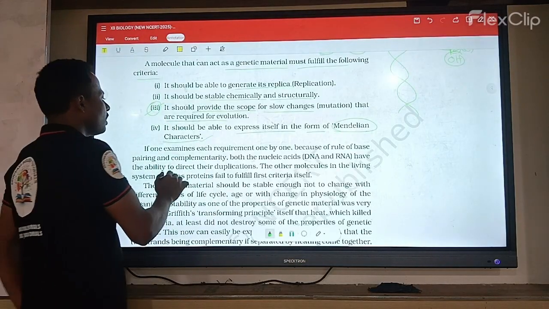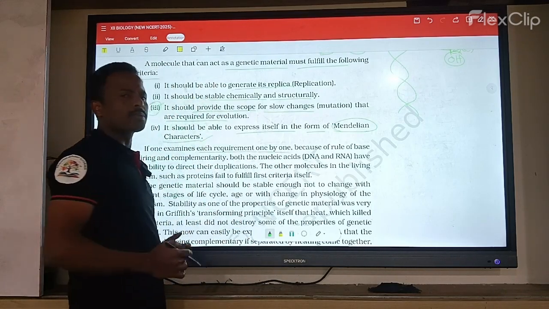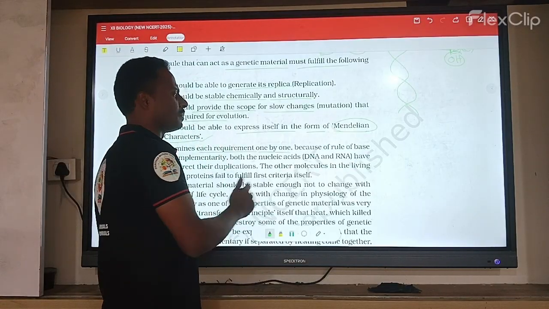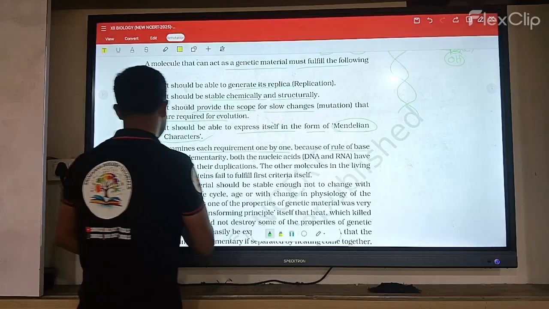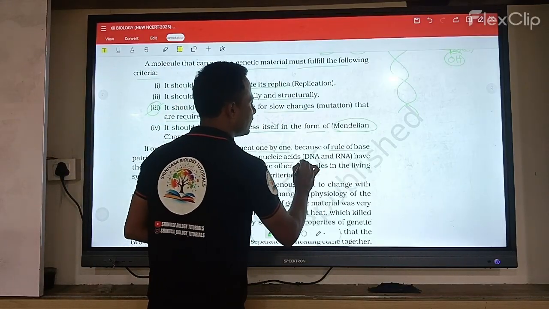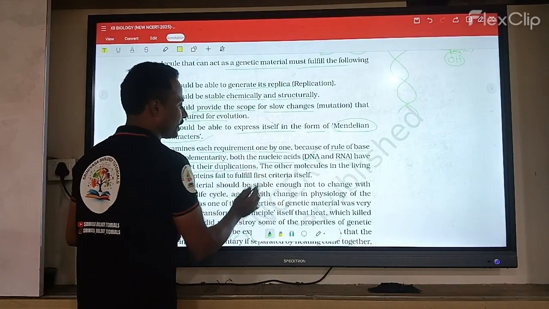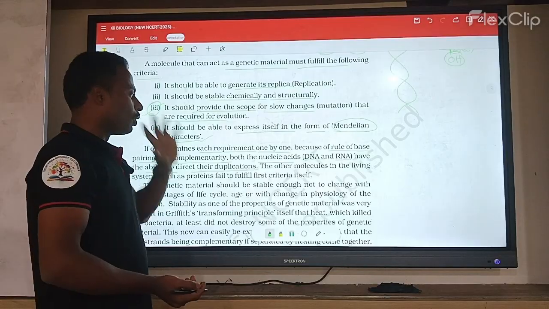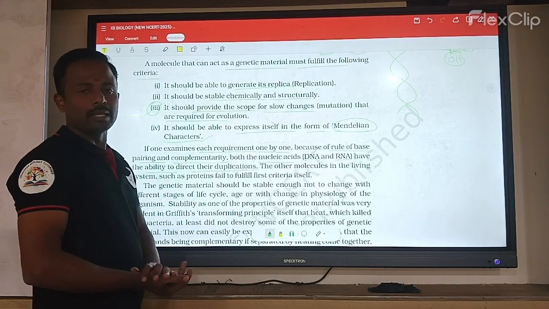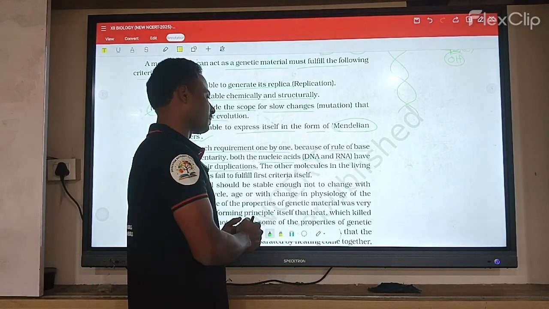Because of the rules of base pairing and complementarity, both nucleic acids, DNA and RNA, have the ability to direct their own duplication. So both act as genetic materials.